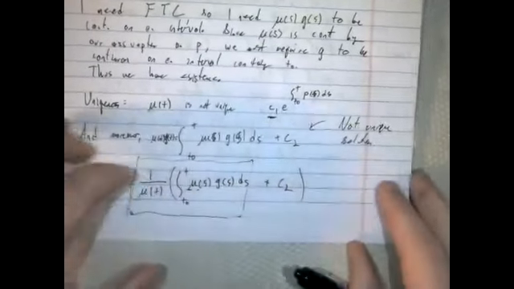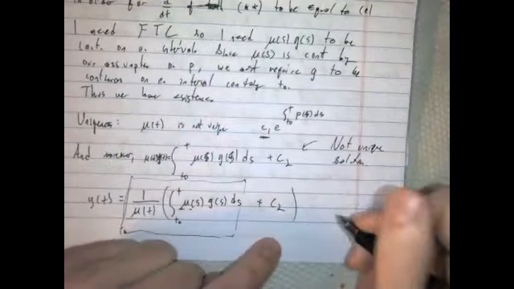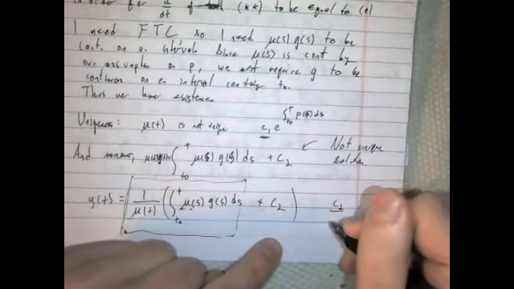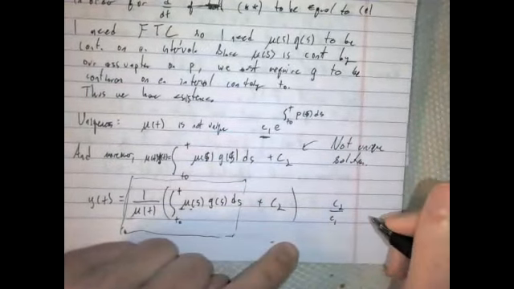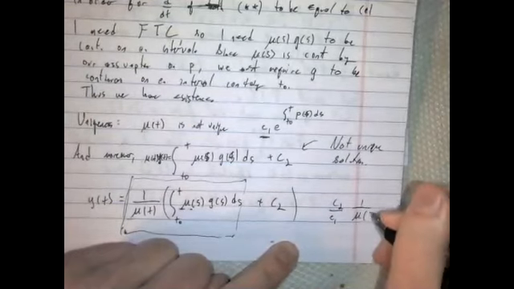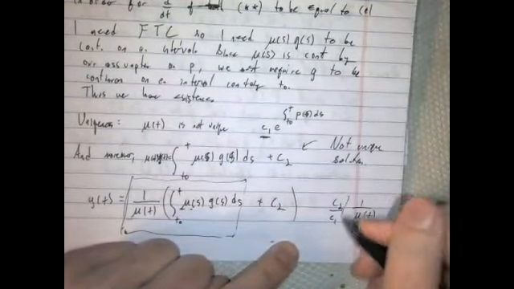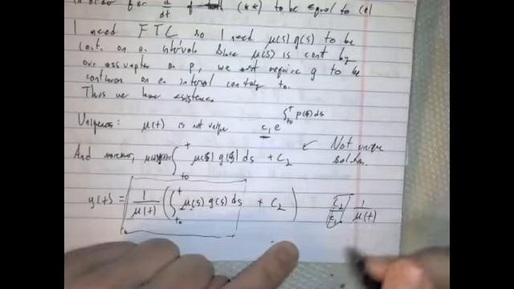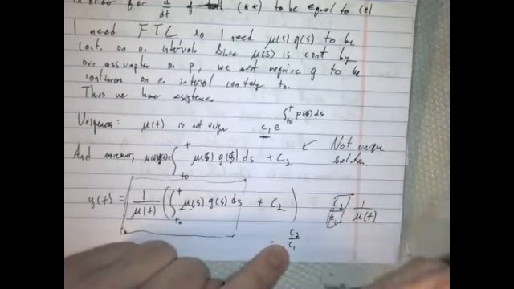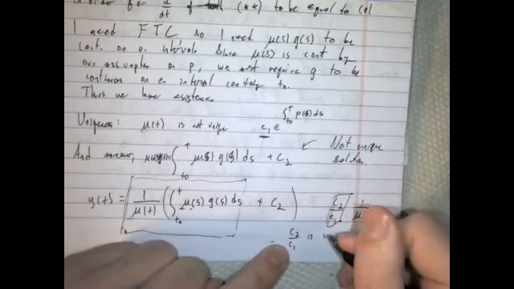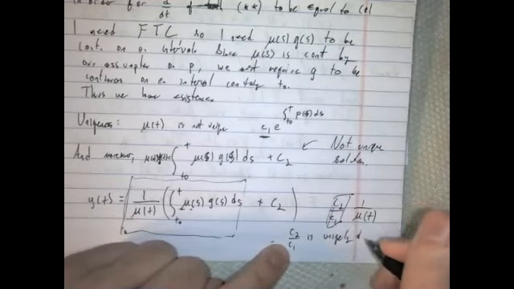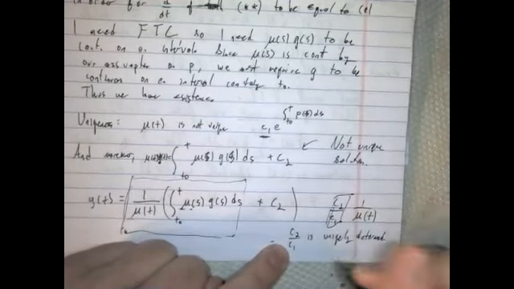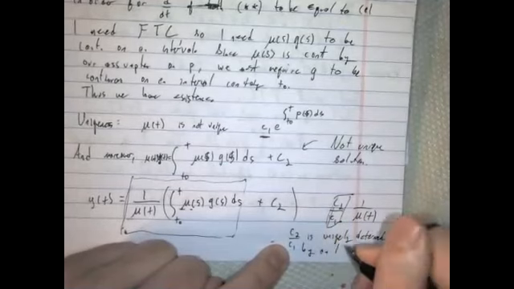And then over here I'll get some expression c2 over c1 times 1 over mu of t. The point is, c2 over c1 is uniquely determined by an IVP.